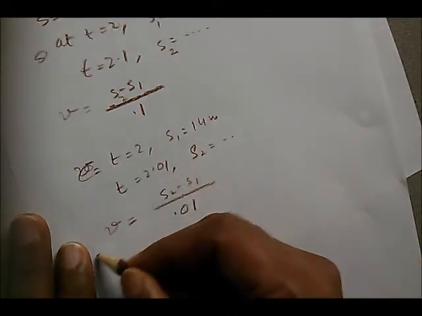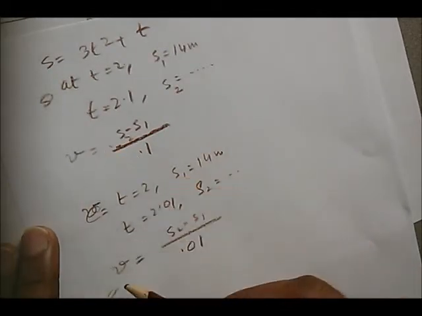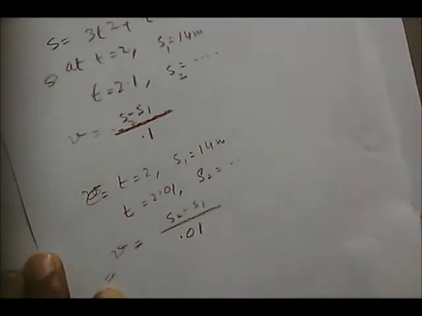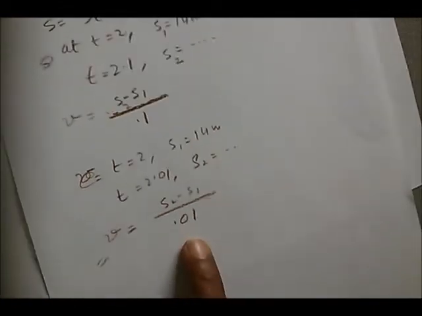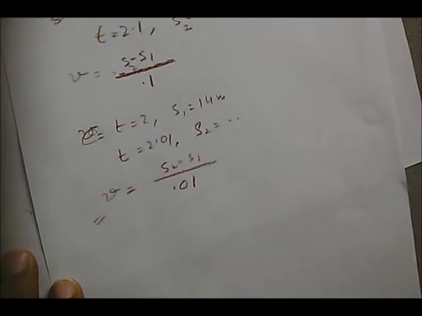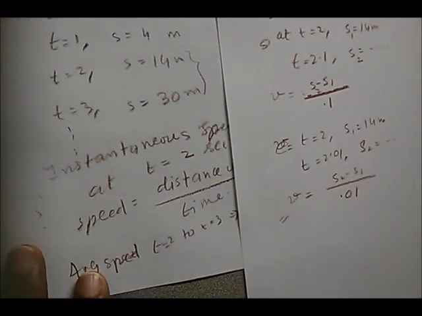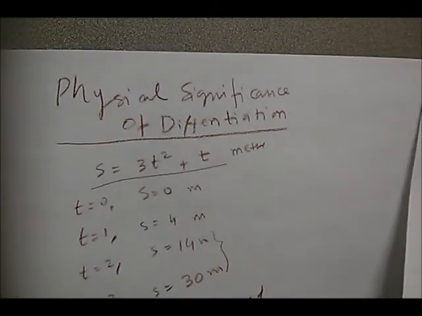So this value will be more accurate than the previous value, but still it won't be exact. By reducing this distance successively, we come closer to the real value, but to find the exact value we have to use the differential formula, which will give you the exact value.